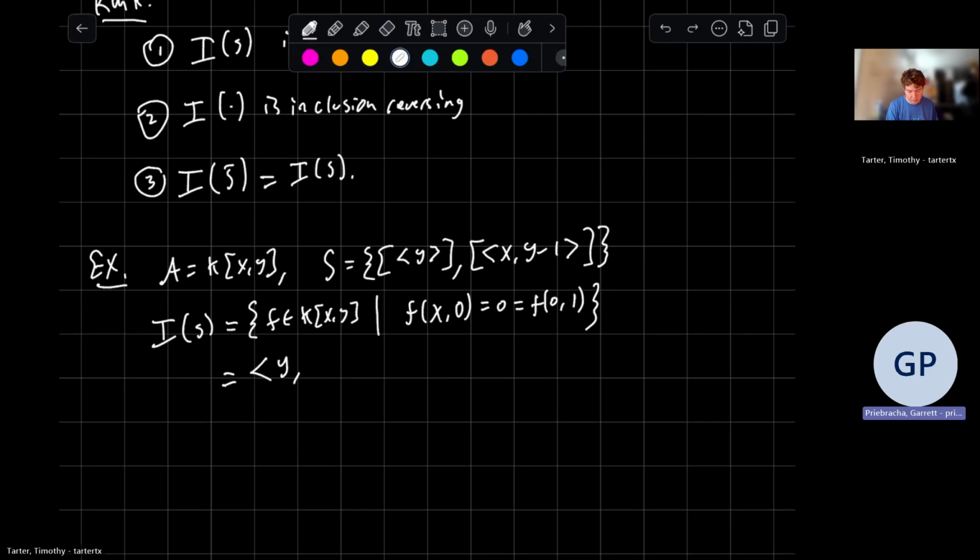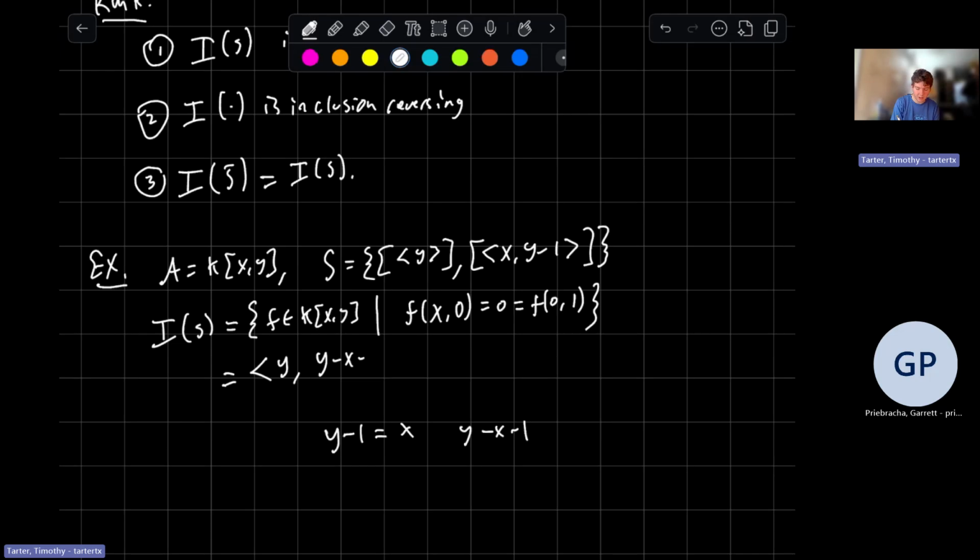Is it not just S? Like the whole thing, like x, no, y minus one? I don't think so. I think it's a subset. I think it's y minus x minus 1, because that zeroes at (0, 1).